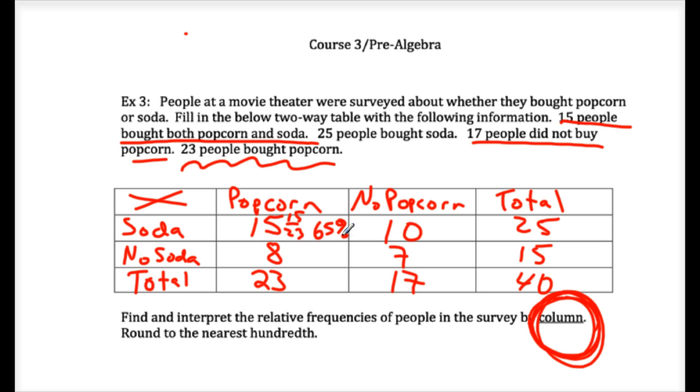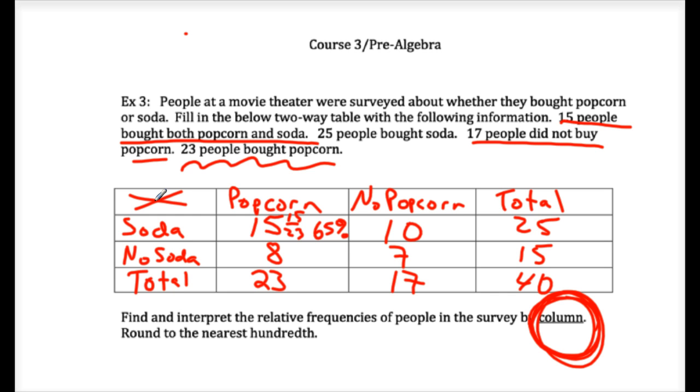Column and rows? I put 23, it's 25, right? No, we're doing by columns though. Because you always want to find the column. Okay, we're going to go by column. So you do each of the 4 boxes, with relative frequency meaning the times it happened over the total. Because it says column.